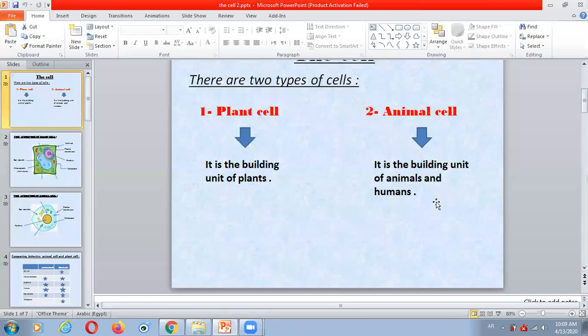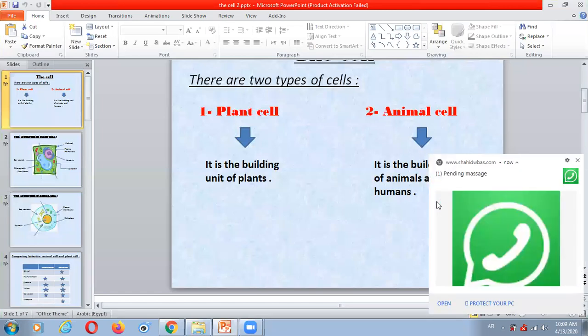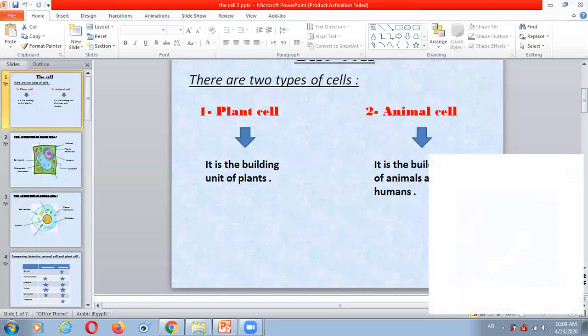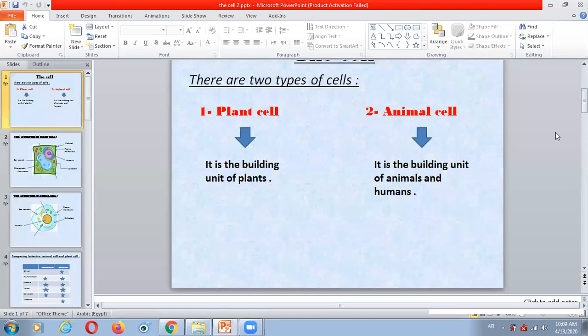Okay, in our last session, we started talking about the cell. We said that the cell is the smallest part in our body, as our body consists of six systems, and each system is made of many organs, and each organ consists of tissues, and each tissue is made of cells.